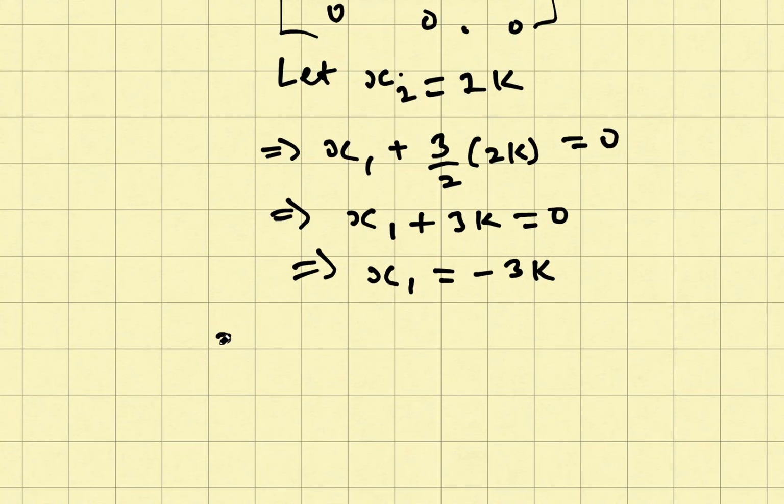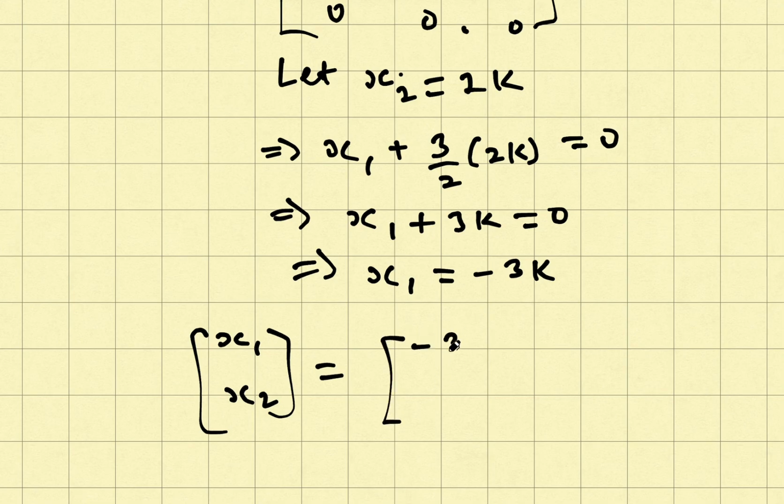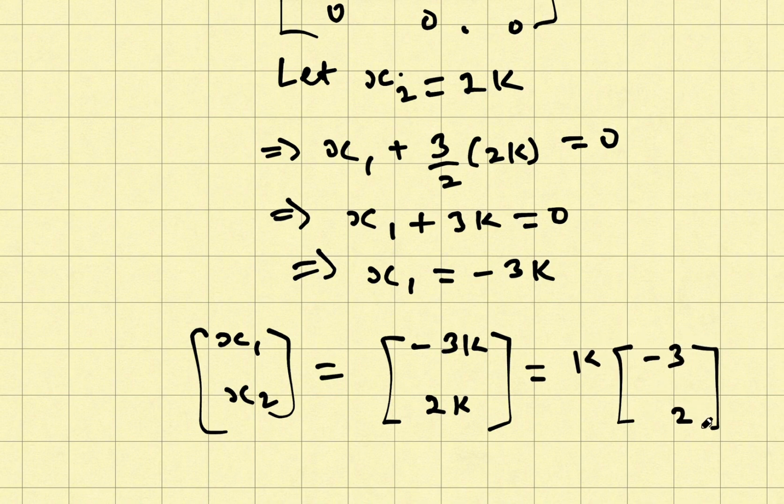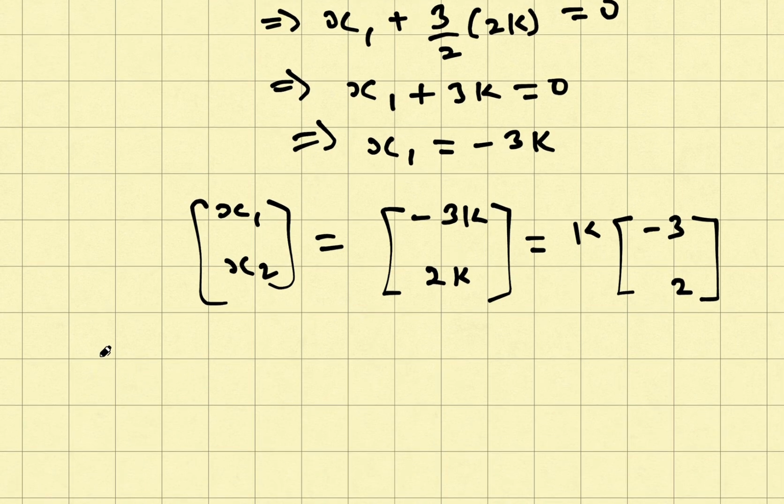So finally, x1, x2 is going to be equal to negative 3k and 2k, which is k times negative 3 and 2. So now we have the second eigenvector.